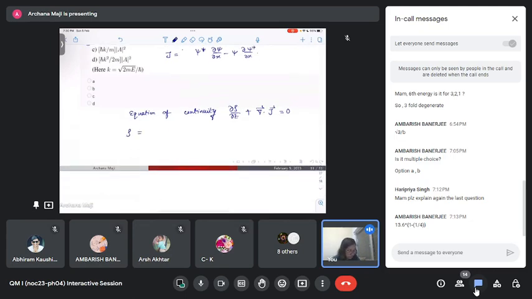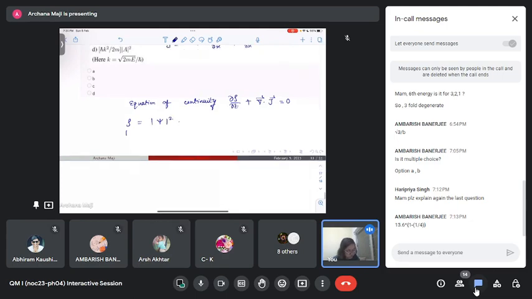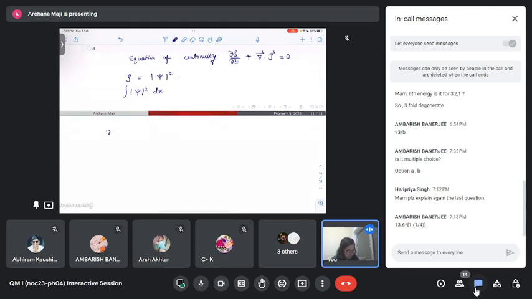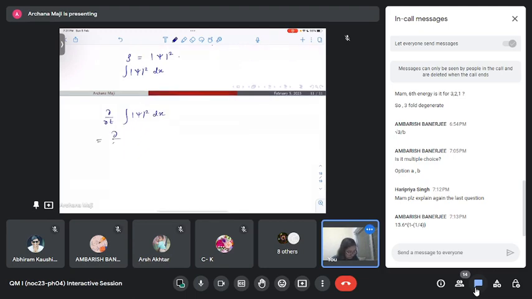The probability density is mod psi square, and total probability is nothing but the integral of mod psi square dx. If we take the time derivative of it, mod psi square is psi star psi, and if I take del t inside, I will get two terms.